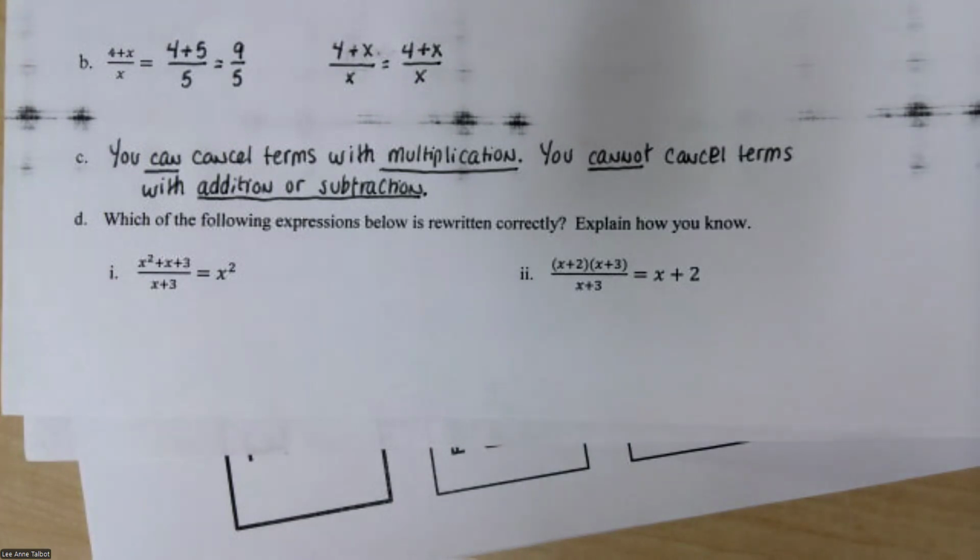Okay, now for D, I want you guys to talk in your groups for 10, 15 seconds. Figure out which one of those is correct and which one is not correct.